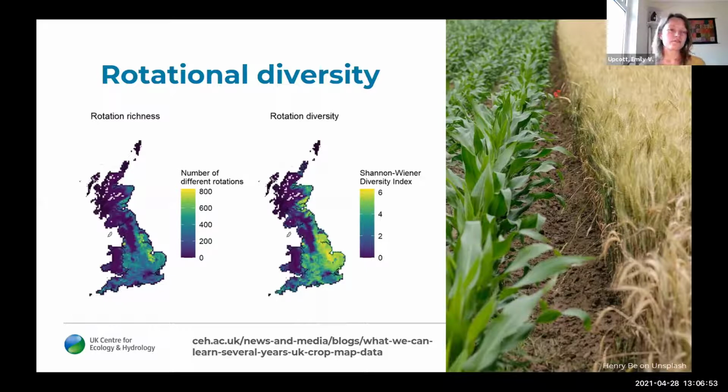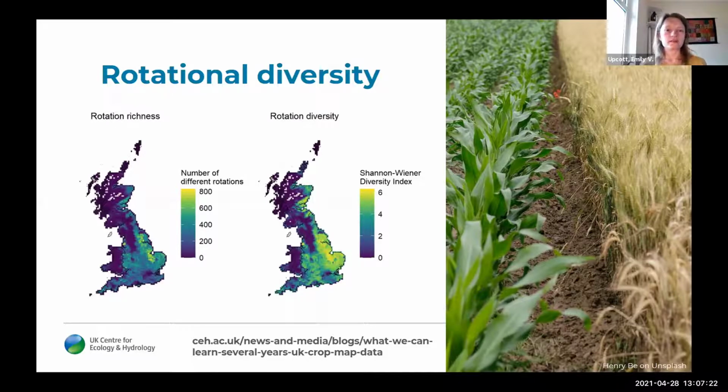So we've got rotation richness on the left, and that's the number of unique rotations or sequences per 10-kilometre cell. And on the right, we've got rotation diversity, which seems to show quite a similar pattern, though perhaps because it's including the evenness of area of these rotations, it seems to be accentuating the difference between high and low diversity.